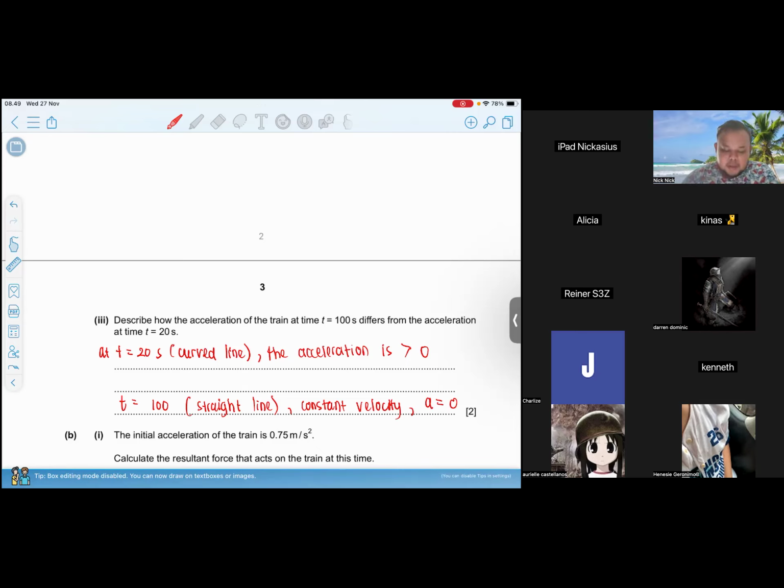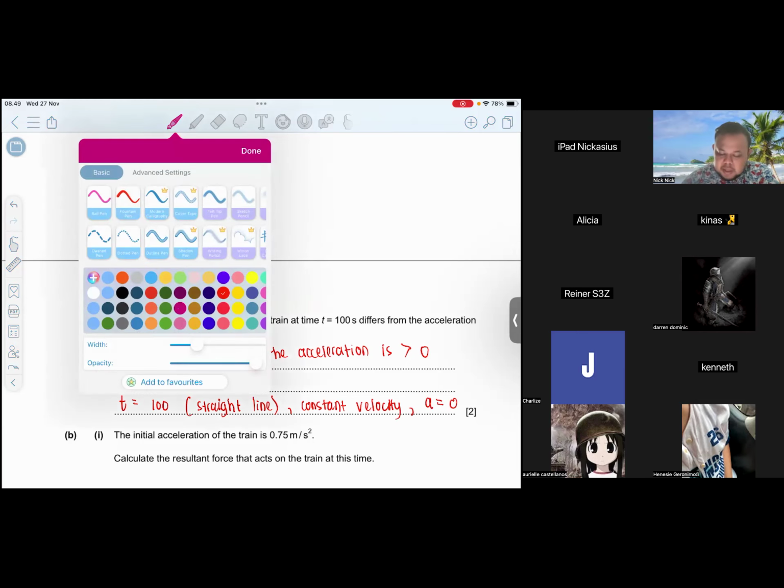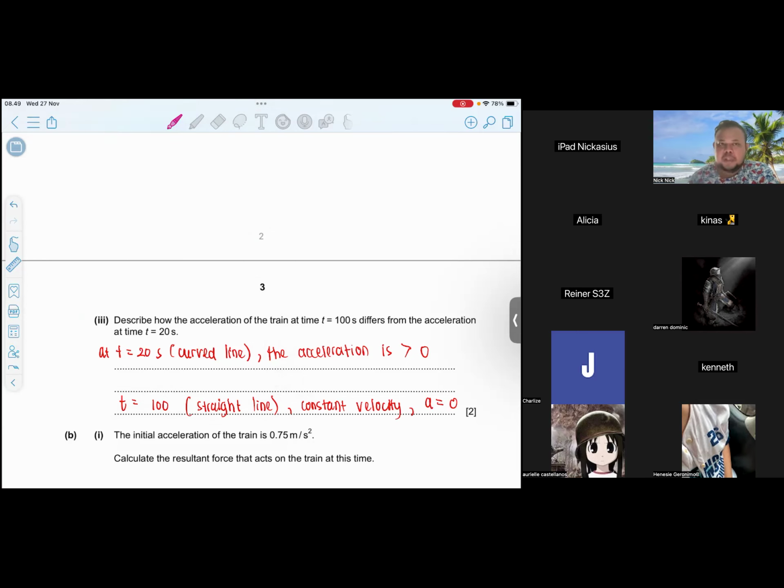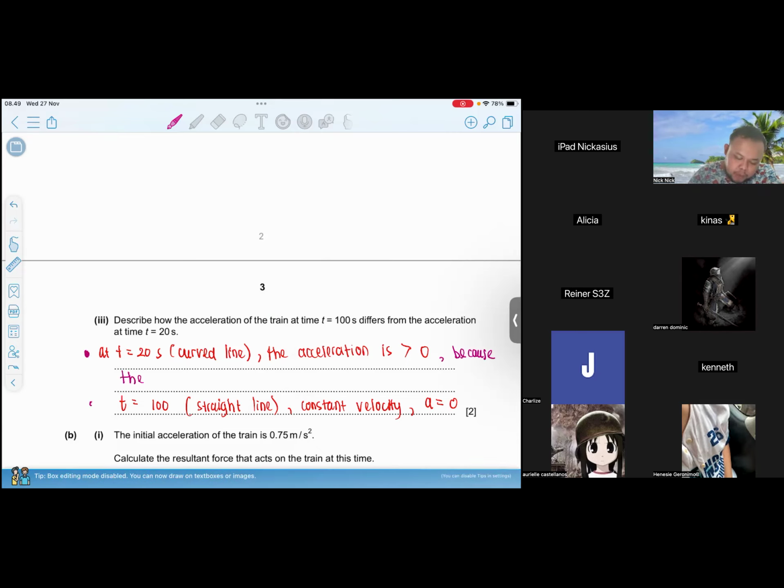When the time is 20 seconds, acceleration is greater than zero, because the velocity changes. So there are 2 points to get the full mark. Because the speed changes.